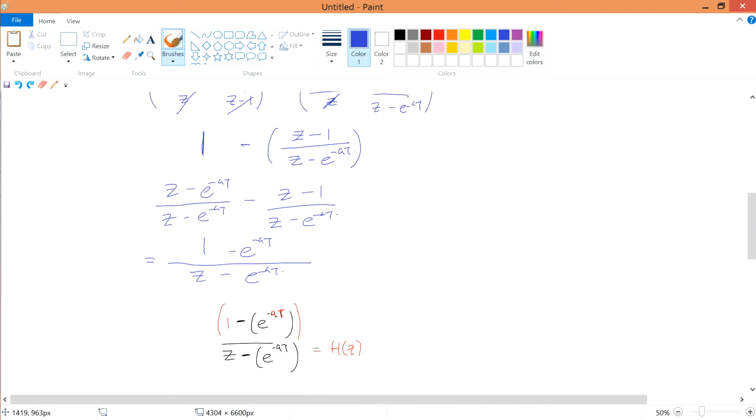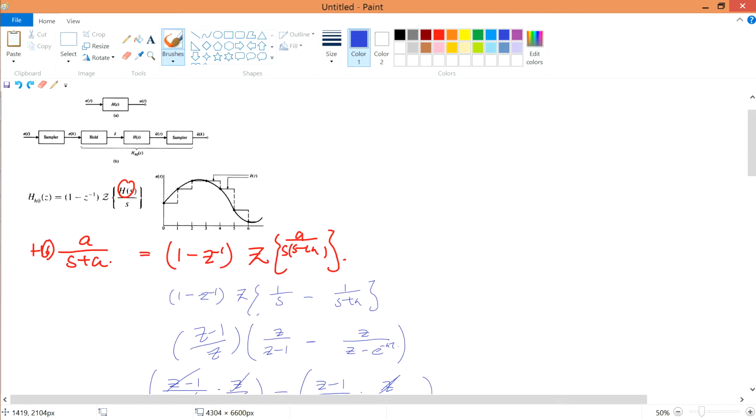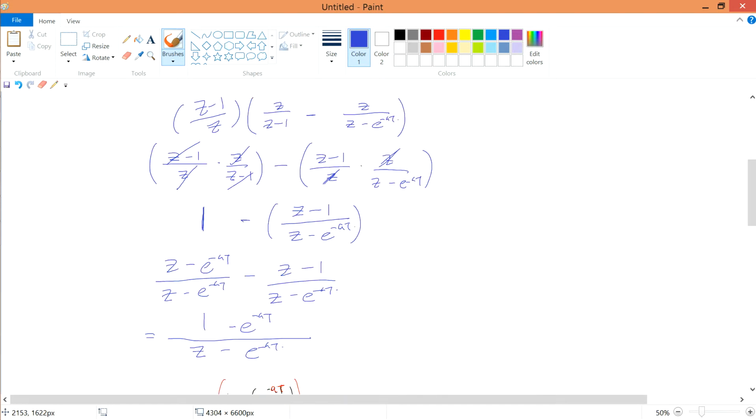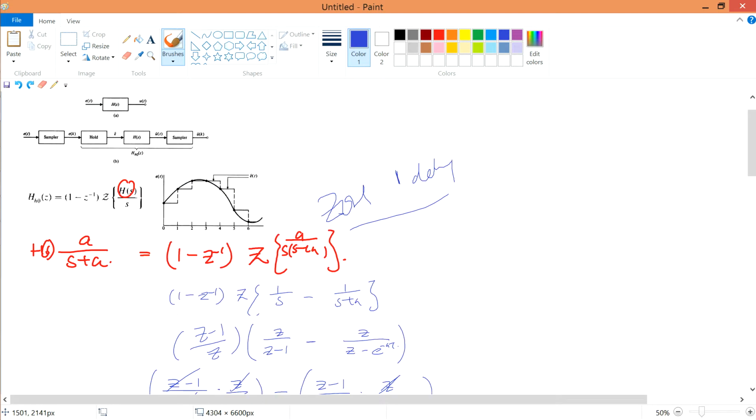So therefore, if you want to design using a zeroth order hold, normally you require one delay. And this is coming from what we have just done, which is this one. This delay is often used because it allows you to compute your zeroth order hold.